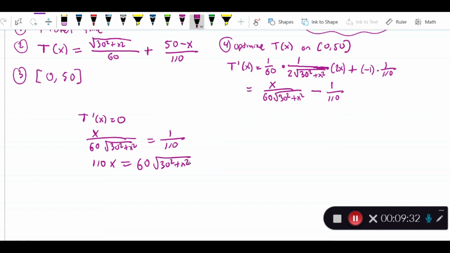Let's divide by 10. That gives us 11x is equal to 6 square root of 30 squared plus x squared. I want to get rid of the square root so I can solve, so I'm going to square both sides. 11 squared is 121, so it's 121x squared is equal to 36 times 30 squared plus x squared.